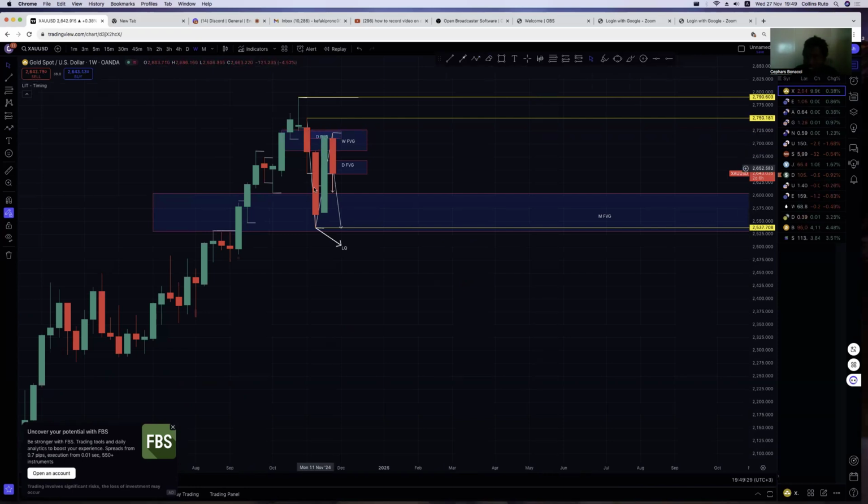This is the candlesticks. If we call it candlestick anatomy, this red candle, you see how it closed with a wick, with a tail.